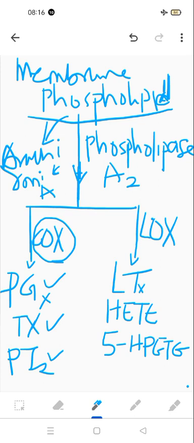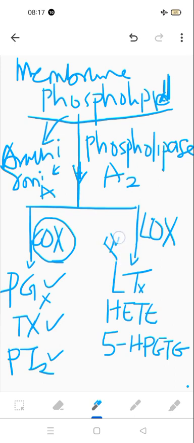While the arachidonic acid can also undergo a different type of pathway if it is catalyzed by the 5-lipoxygenase enzyme, which is assisted by the 5-lipoxygenase activating protein, FLAP.